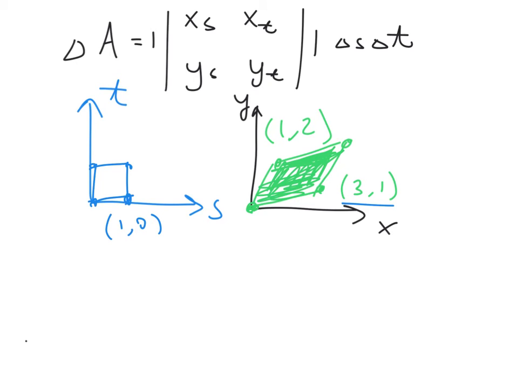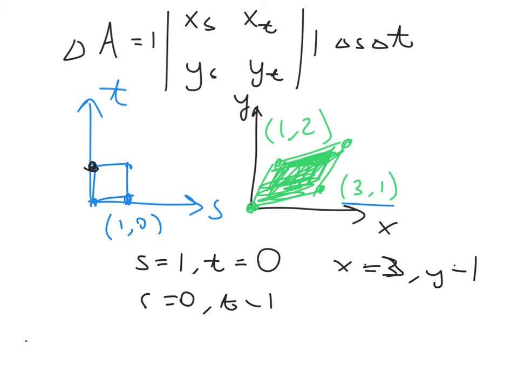And so that means that when s equals 1, t equals 0, we want to have x equals 3, y equals 1. And then when we're up at this point, which is s equals 0, t equals 1, we want to have x equals 1, y equals 2.